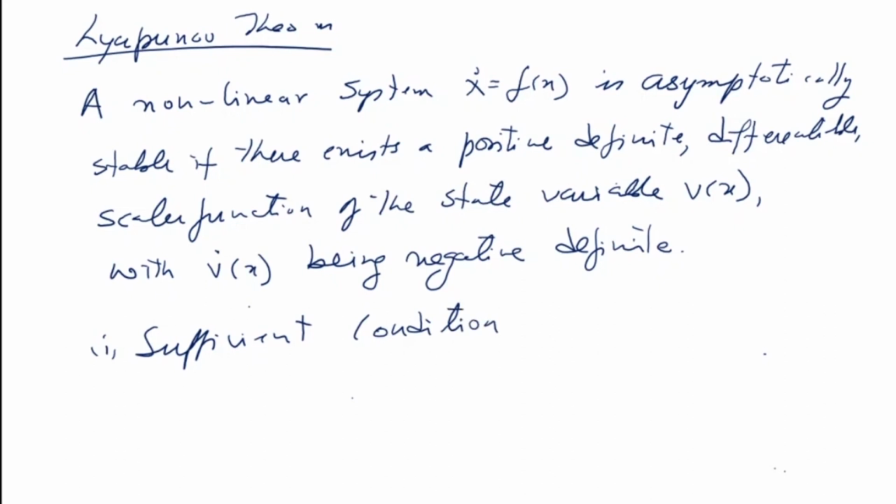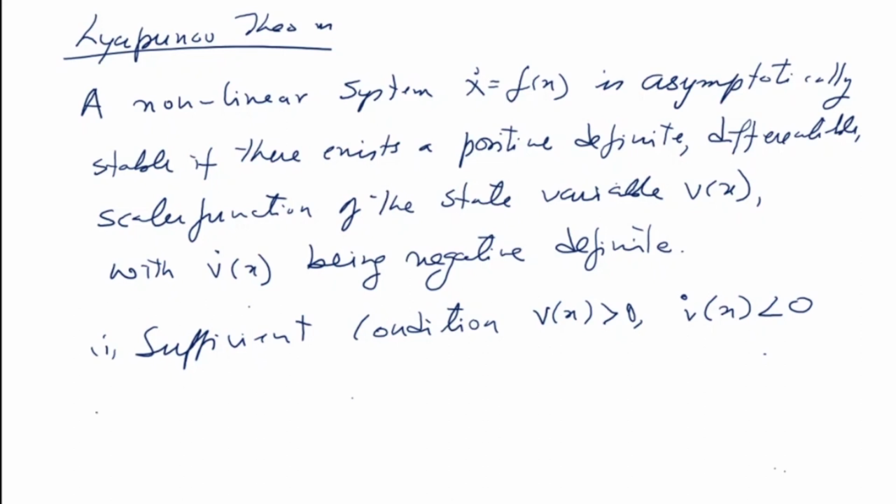Now the sufficient condition is V of x greater than 0 and V dot of x less than 0. This is sufficient. So in a system, if you find that V of x is greater than 0 but V dot of x is less than 0, then it is stable. There is no question asked. It is asymptotically stable, meaning it will come back to the origin. But now, at x is equal to 0, what happens?